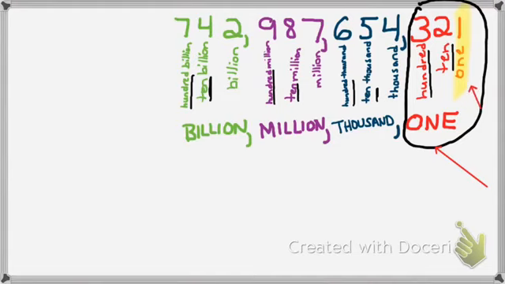So we have the ones, tens, hundreds, thousands, 10,000s, 100,000s, millions, 10 millions, 100 millions, billions, 10 billions, 100 billions.